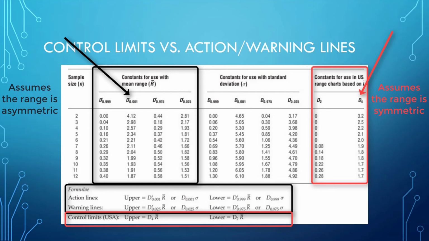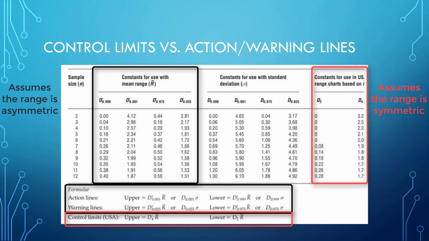Since the multiplier in the technique we've been studying is bigger, the upper action limit would be further away from the mean in the technique that we've studied than in the technique that is symmetric. That matches the idea that the range would be skewed in that direction.